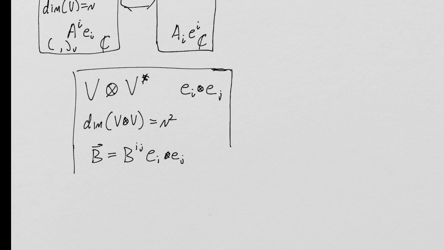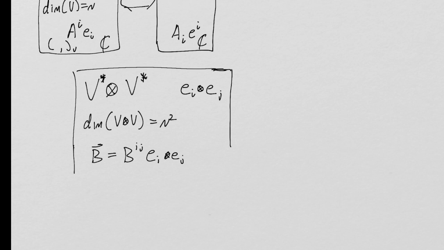You could have written that thing out, or you could have written V dual tensor product V, or you could have written V dual tensor product V dual. All of those are legitimate tensor product spaces.